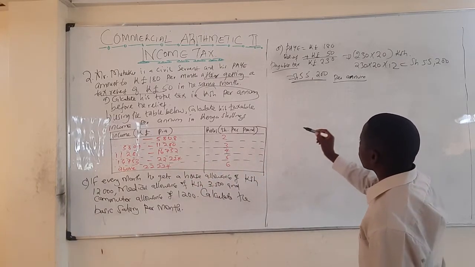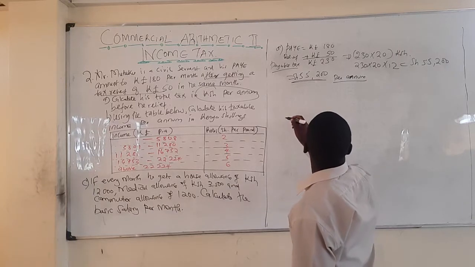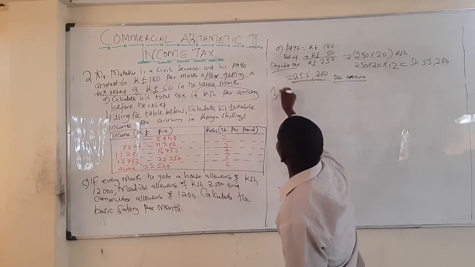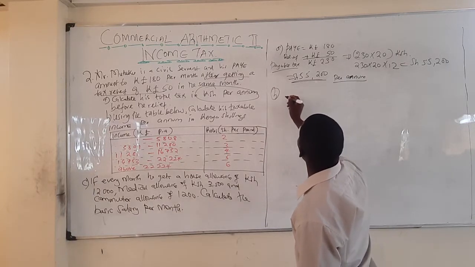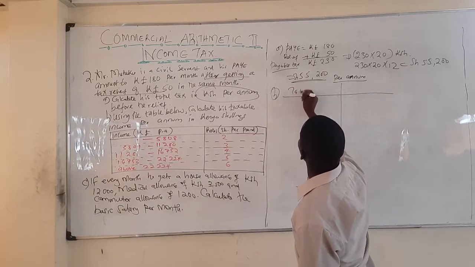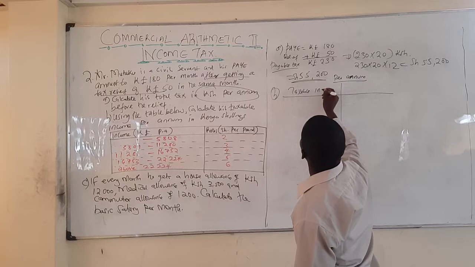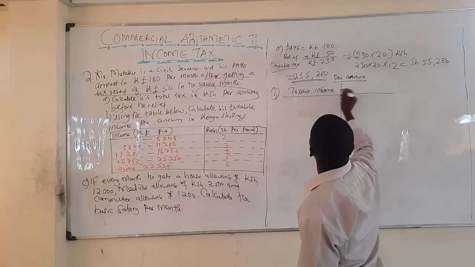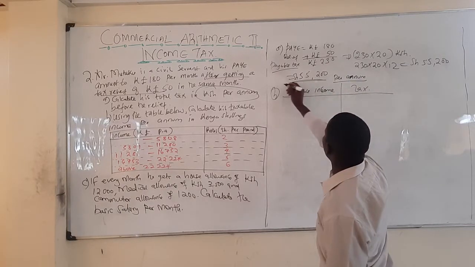Now, in part B, we can draw the table: the taxable income, and we have the tax there.